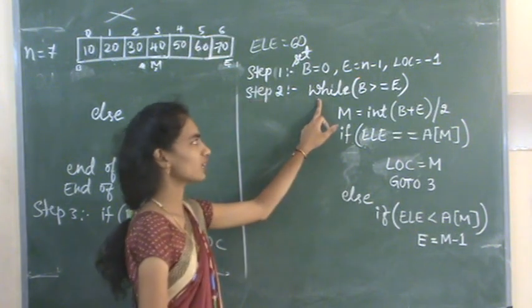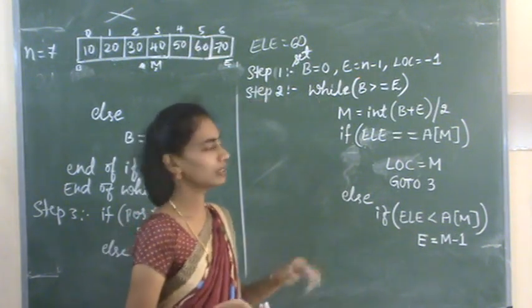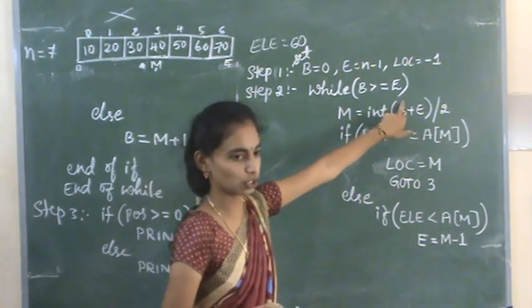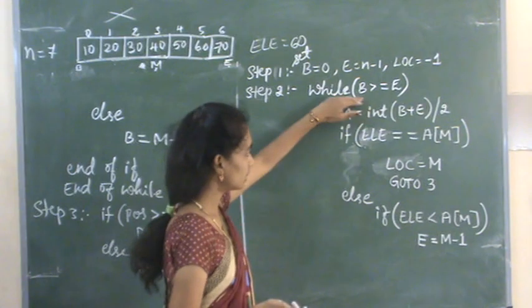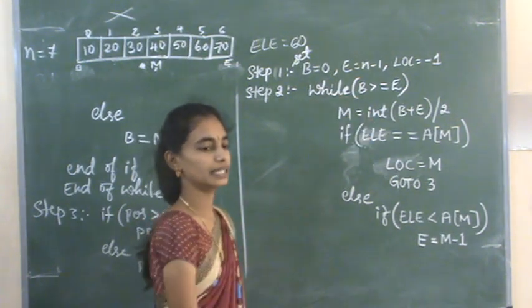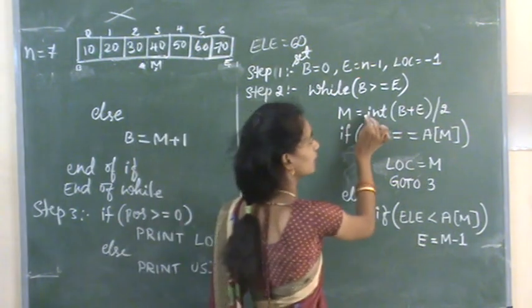So first we need to check whether the array is present or not, right? So for that we are using while beginning is less than or equal to end. So if it is true, it will perform the middle operation. So that is M equals int of the middle.